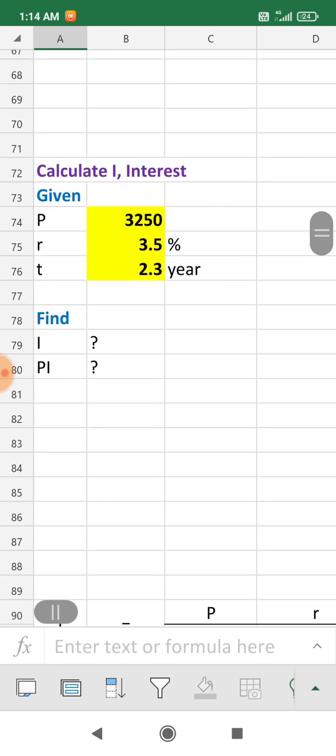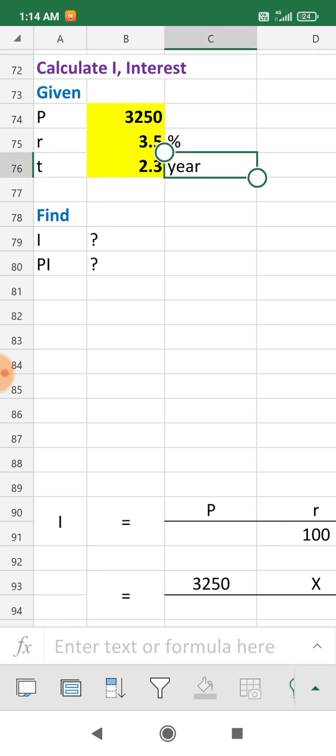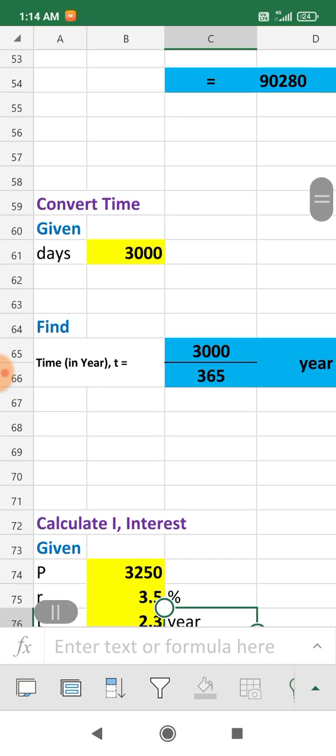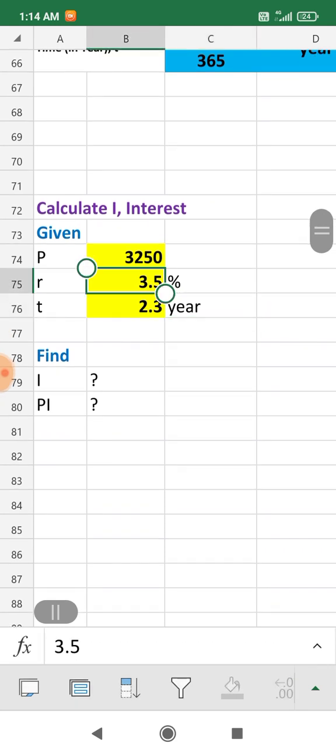Now I am coming to the interest section. This T must be calculated in year form. If it is given in year form, then it is very easy. If it is not given, then you have to use this technique. The interest rate must be given in percentage form.